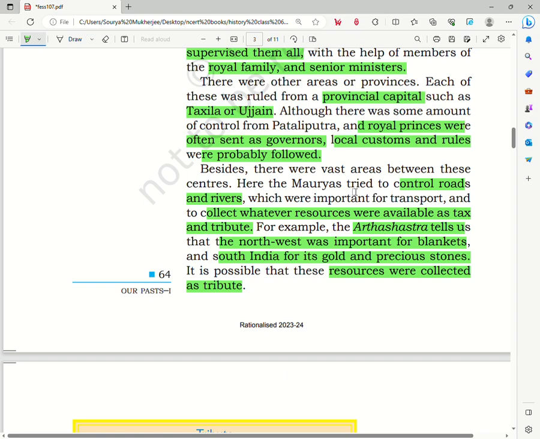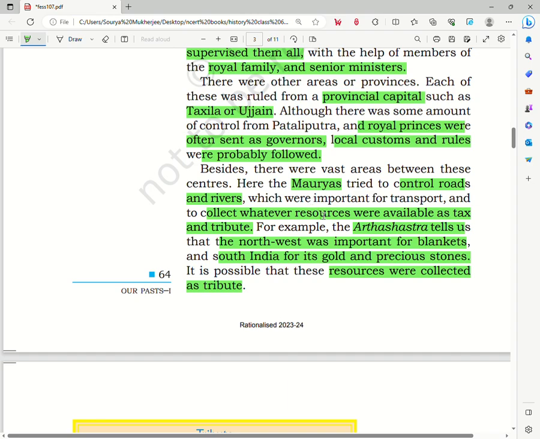Next, we see that other than the provincial capitals, in the other hinterlands of the empire, the Mauryas controlled the roads and the rivers. These were the means of transport and communication that linked the different parts of the empire. So they used to control these and collect whatever resources they could find from these regions.